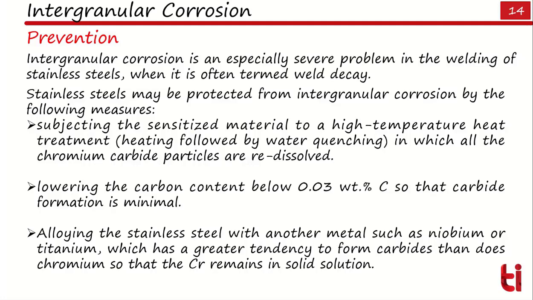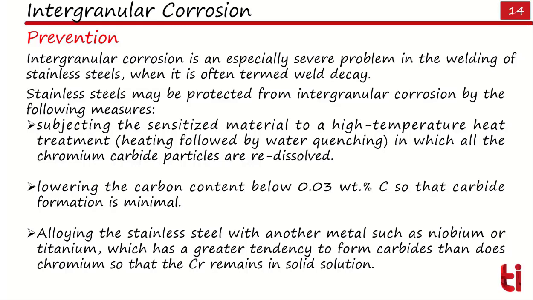This process redissolves the formed chromium carbide particles back, uniformly distributes the chromium into the material, and overcomes the problem of intragranular corrosion. If the heat treatment at elevated temperature is not possible, then you can lower the carbon content in the steel below 0.038%.